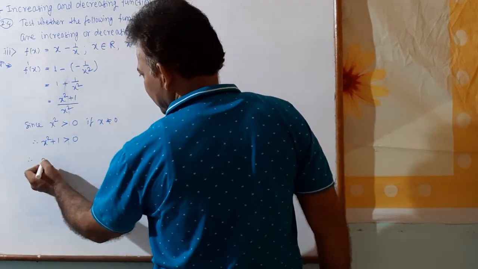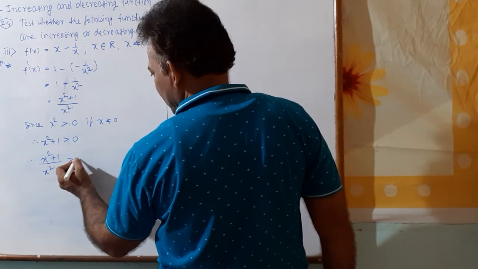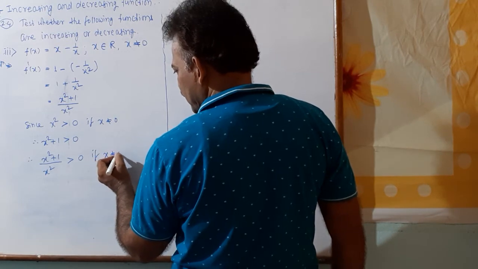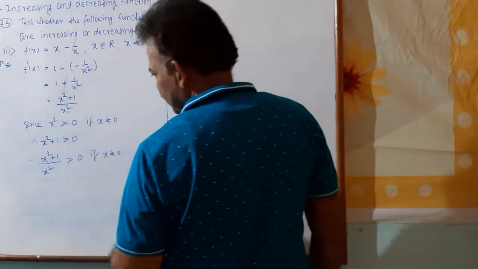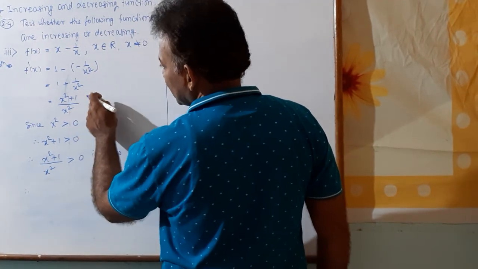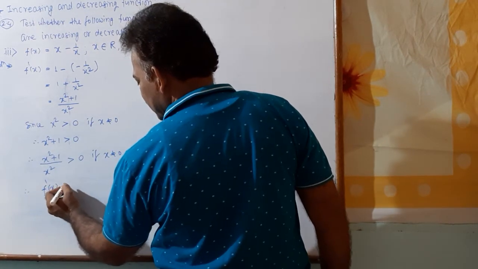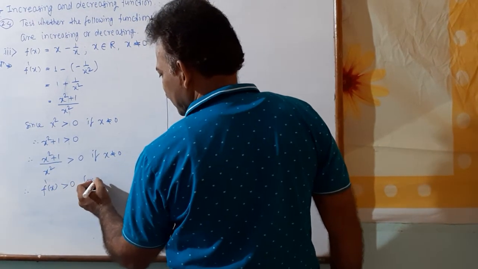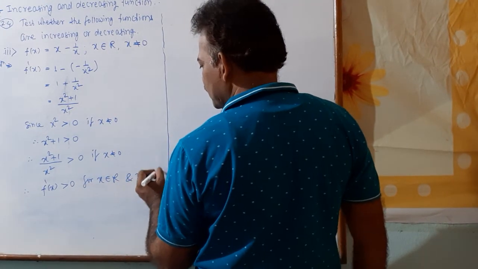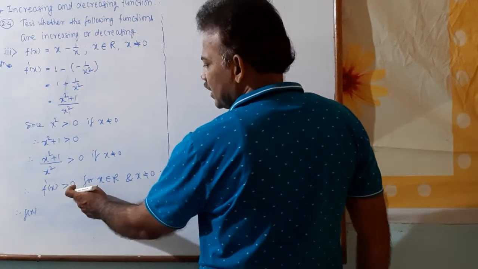Take the right side ratio: (x square plus 1) divided by x square is also greater than 0 if x is not equal to 0 here, because x is in the denominator. So the left side, f dash x, is greater than 0 for x belongs to R, and x is not equal to 0 here.